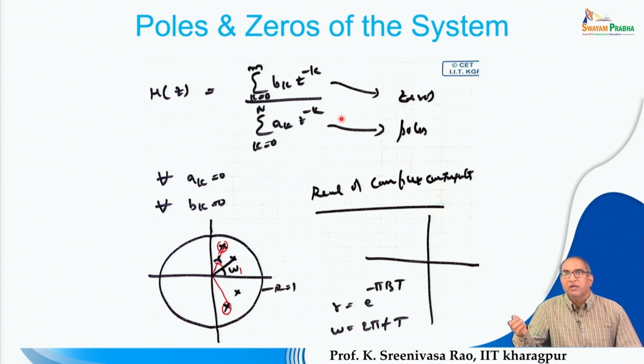So, therefore, at the roots of the denominator polynomial, the system transfer function shoots up to infinity, because the denominator polynomial gives 0 in the denominator, and then H(z) shoots up to infinity.